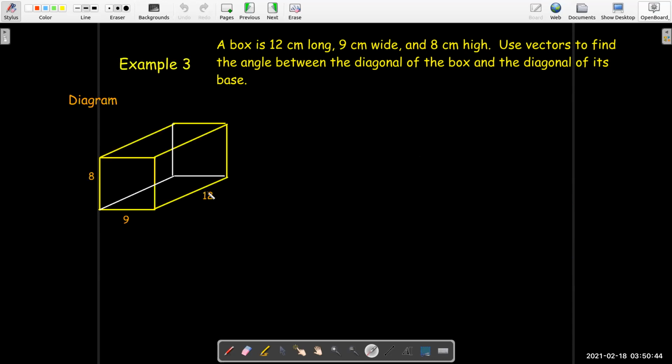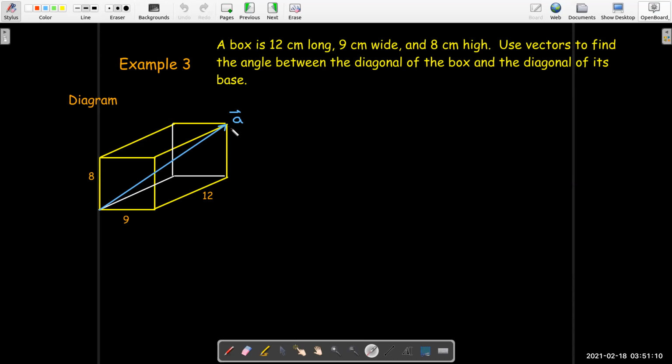So here is the box. And then let's draw in the diagonal. So the diagonal of the box really means you go from one corner to the opposite corner. So if you want to think of it this way, the lower left front to the upper rear and right corner.